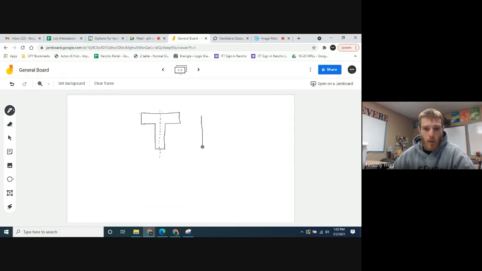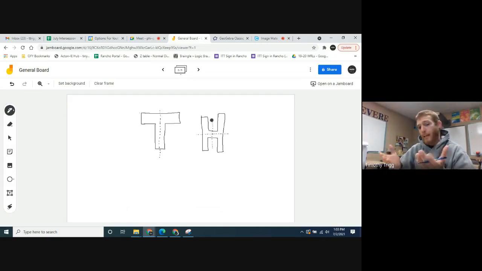If you had a blocky letter H, okay, it's not perfect, but imagine it was. This one would have two lines of symmetry. One line of symmetry going horizontally. Notice if you fold it along that line, the H would fold on top of itself, but also one line of symmetry going vertically like so.